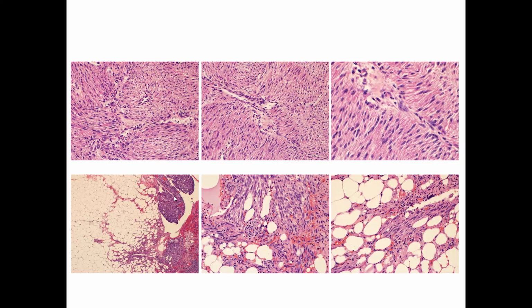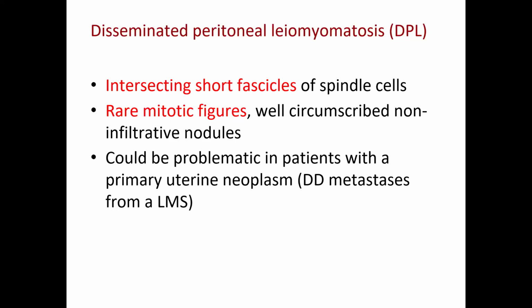Well, yeah, it is well circumscribed here, but it is infiltrating the fat here. So what we did with that case is that we mentioned this in the report. We said that, yes, this is disseminated peritoneal leiomyomatosis. We know that's what it is, but there were areas of infiltration. Maybe this patient needs closer follow-up, just watch out for her. And I think that's what they did for that patient.